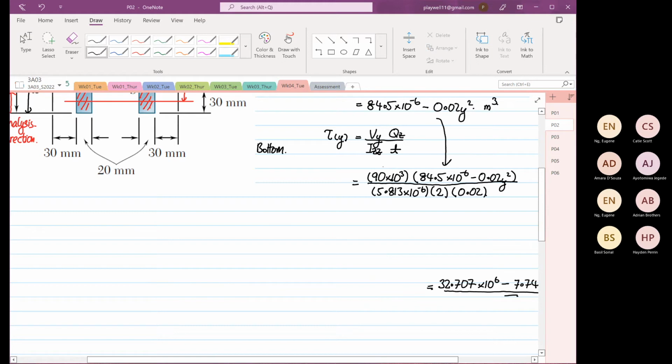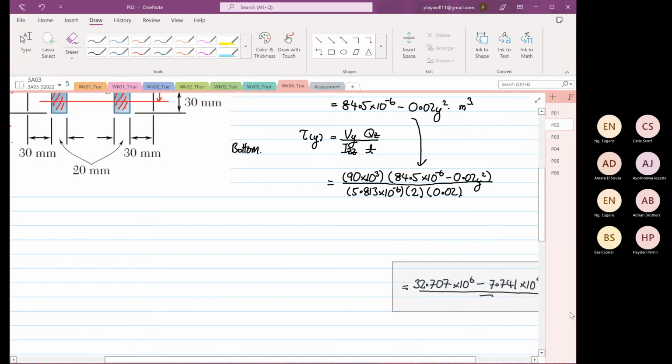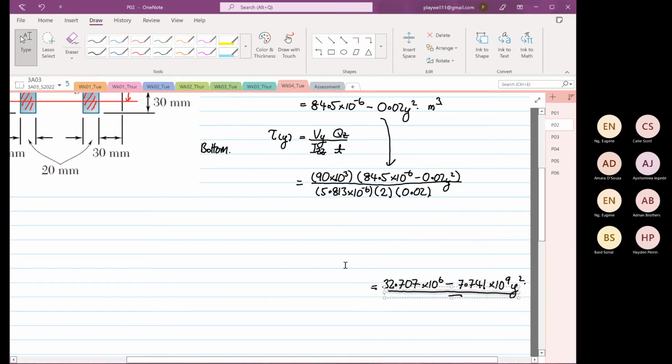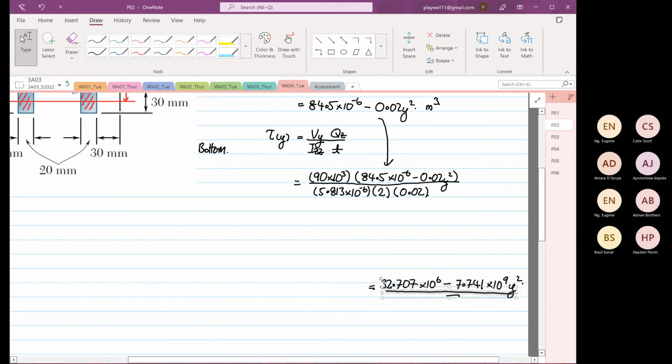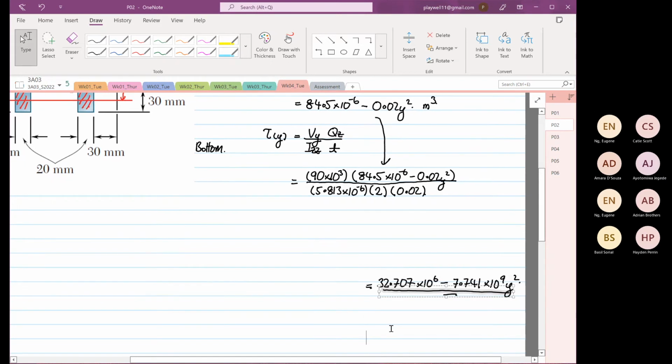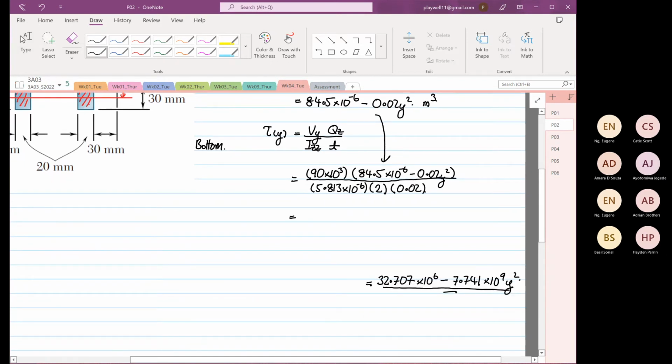The V is constant, the I is constant, the thickness is constant, and this value is exactly the same. Hold on, let me write this down. So it is equal to 32.707 times 10 to the power 6 minus 7.741 times 10 to the power 9 y squared.